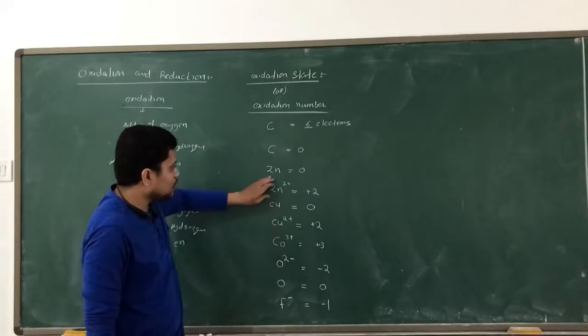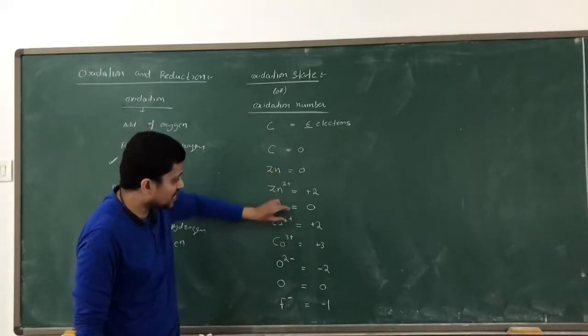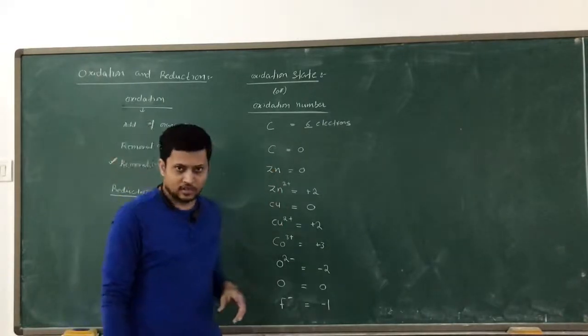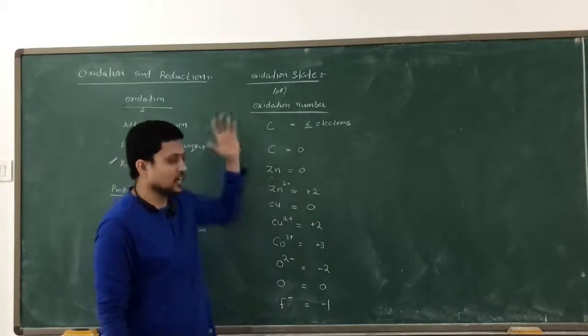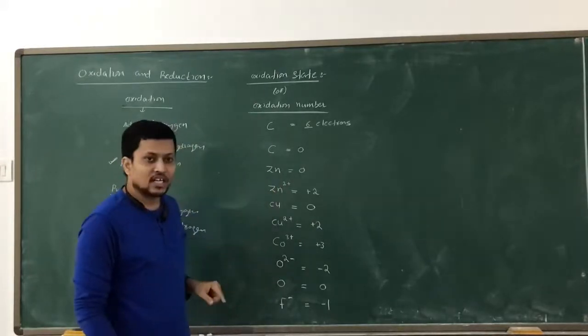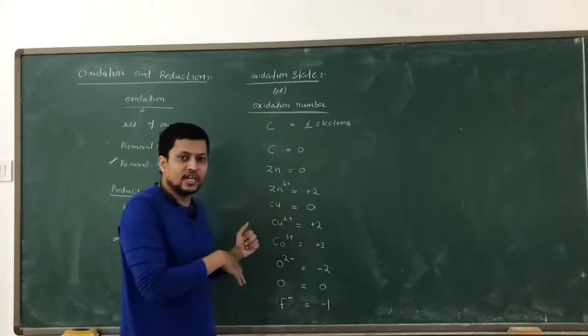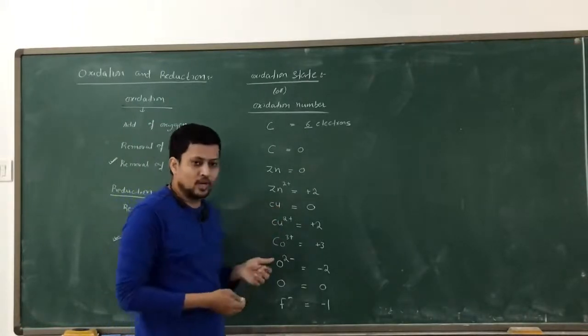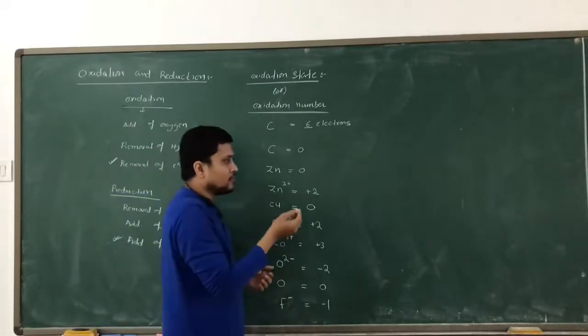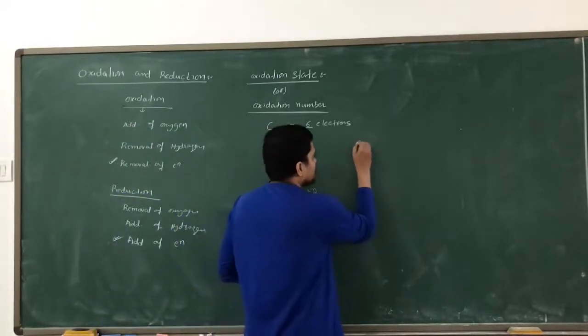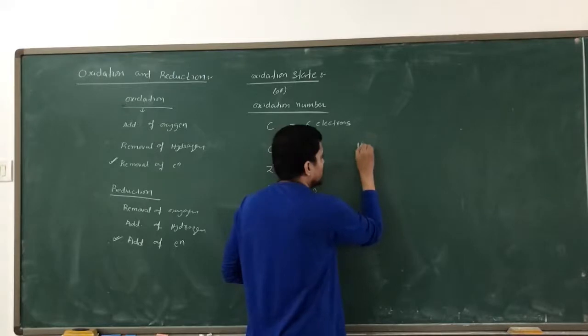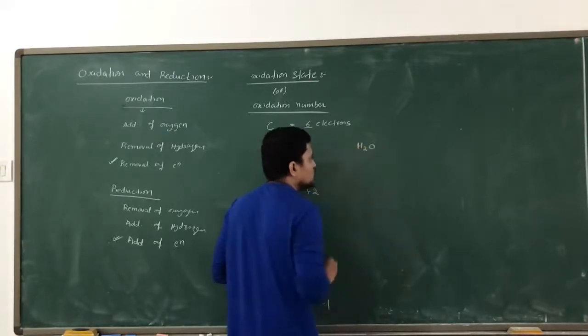So when the compound itself shows the charge, we can directly get the oxidation number and oxidation state. But if they are not giving the charge, and the species is present in the form of a compound, then what is the oxidation state? We have a method to calculate that. For a basic example, I am taking a simple compound, water, H2O.